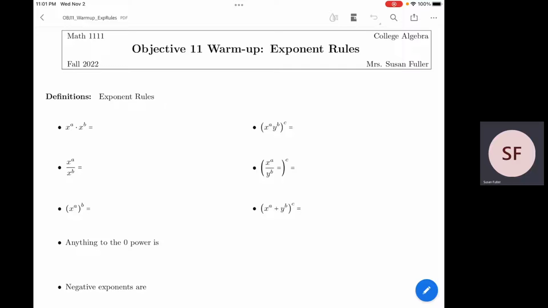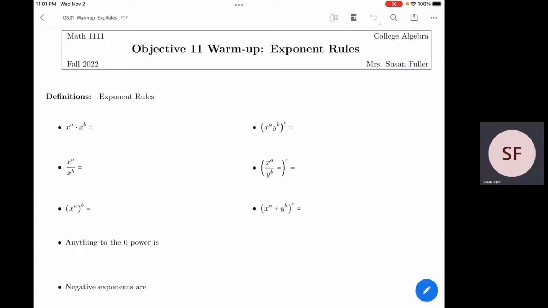Refamiliarizing yourself with the exponent rules will make homeworks 11 and 12 a little bit easier for you. I hope that you do it. It's extra credit. It should help you. So let's go through this a little bit and hopefully it will help you.